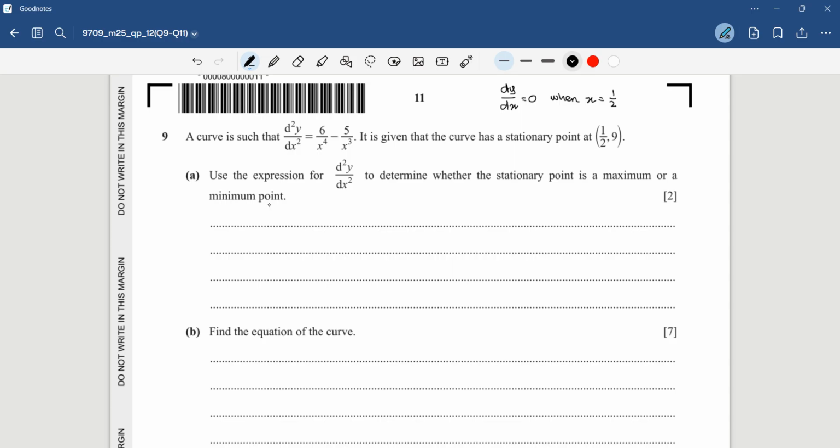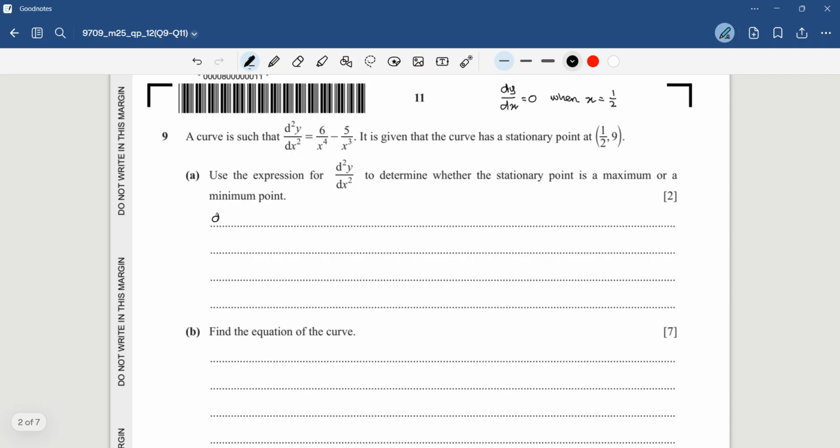Okay, let's go to the question. Use the expression for d²y/dx² to determine whether the stationary point is a maximum or minimum. When you want to do the stationary point, these are the key ideas. We substitute the x coordinate 1/2 into the equation.